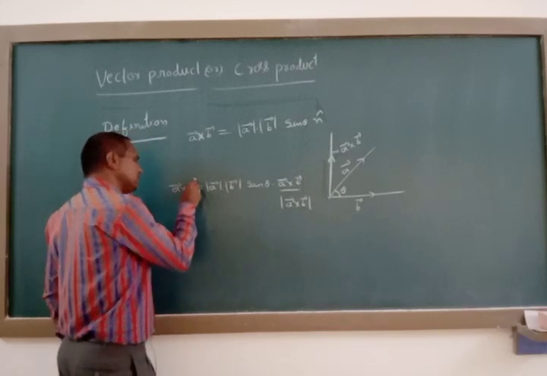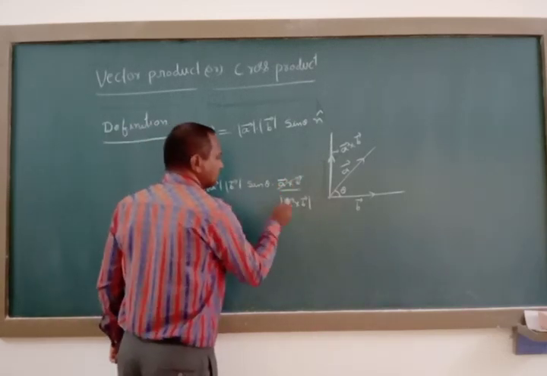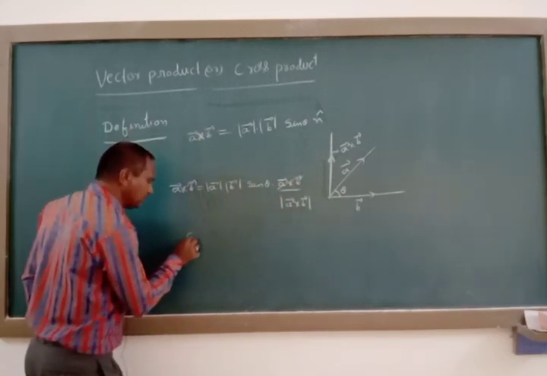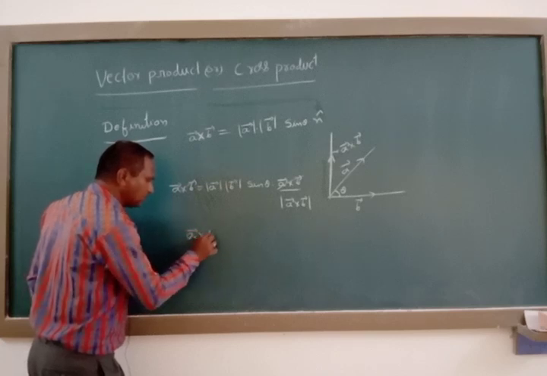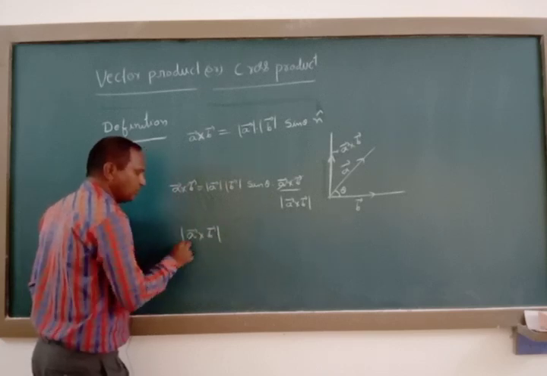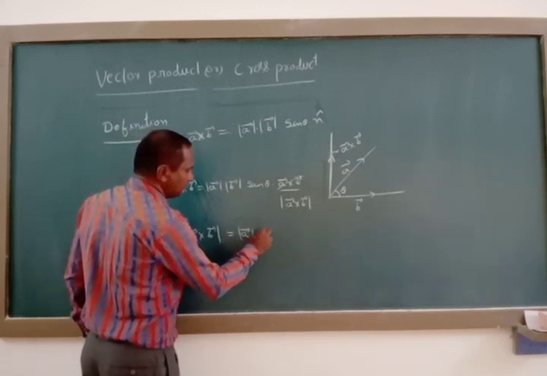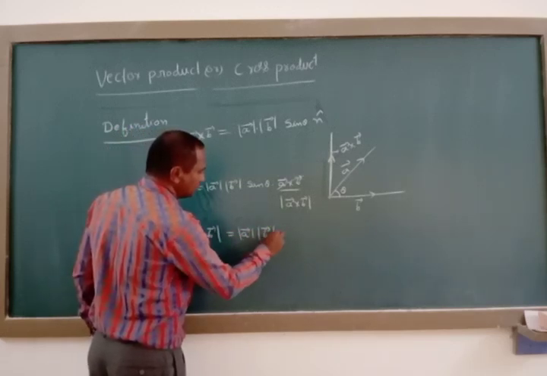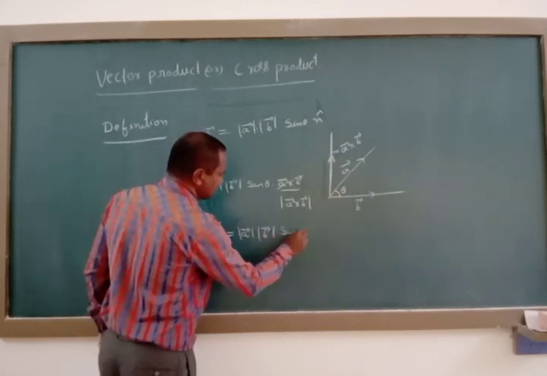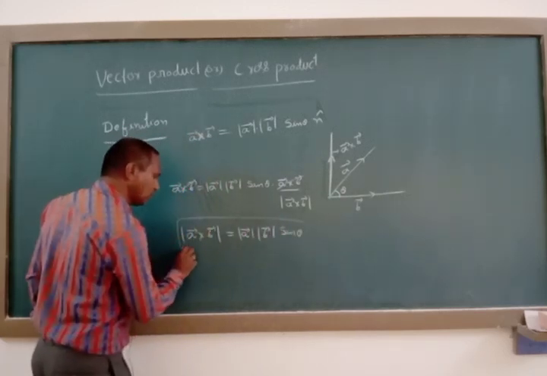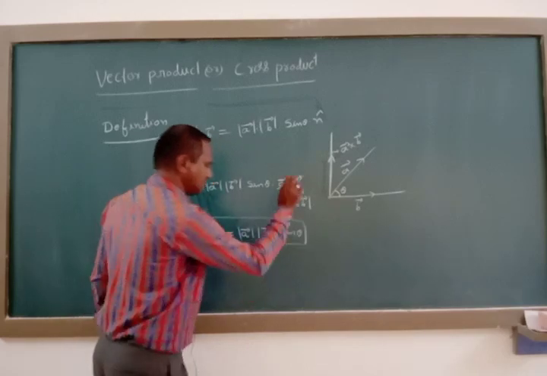Then by cross multiplication, magnitude of A bar cross B bar is equal to magnitude of A bar into magnitude of B bar into sine theta. It is the definition of a cross product or vector product.